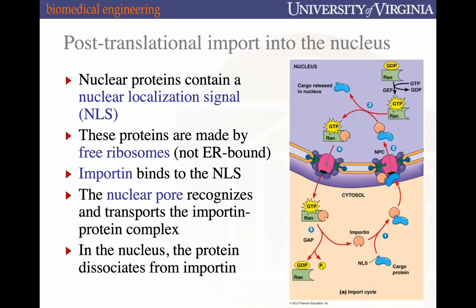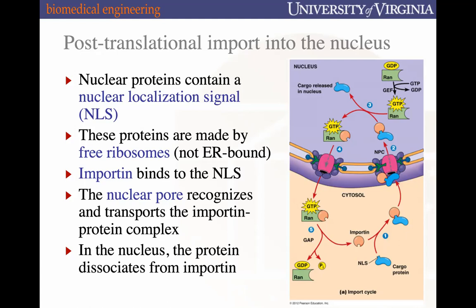And so you can imagine that there's an evolutionary advantage to having tightly regulated processes that regulate and traffic this transport. So we're first going to talk about the import of things into the nucleus and then the exportation.